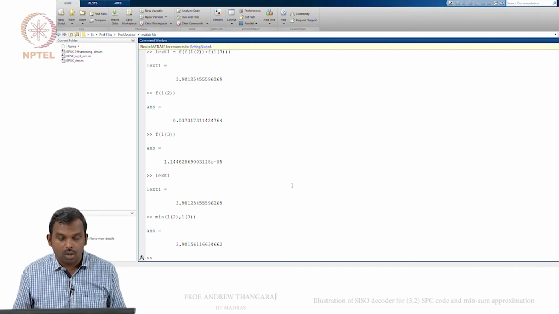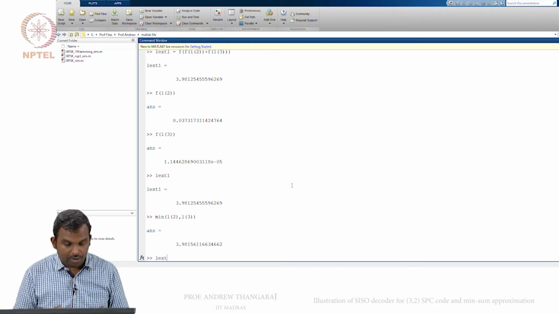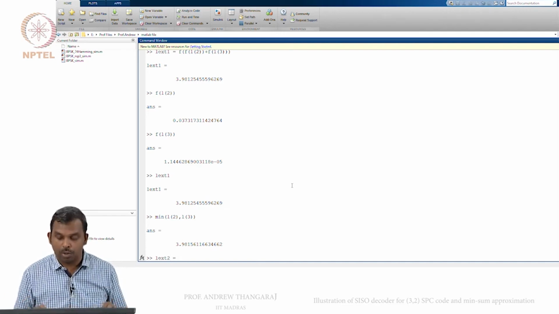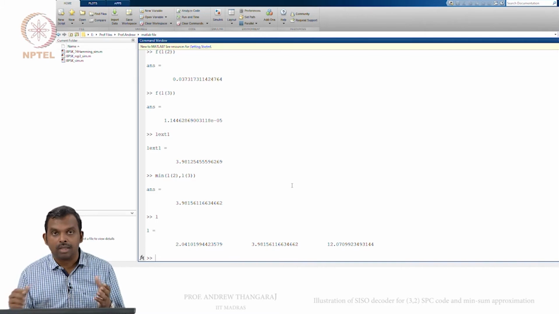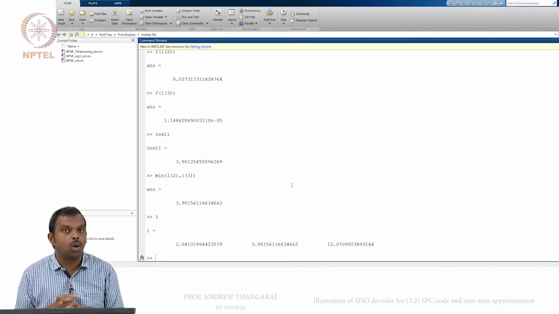Okay. So, now Lx1 is not the only thing you will compute, you will also compute Lx2, isn't it? Lx2 is once again, all three L's are positive. Okay. If you look at the value of L again, all of the three L's are positive. So, the sign becomes positive throughout, sign of L1 into sign of L3 is also positive.